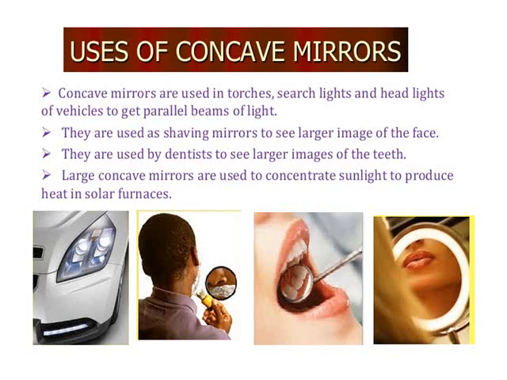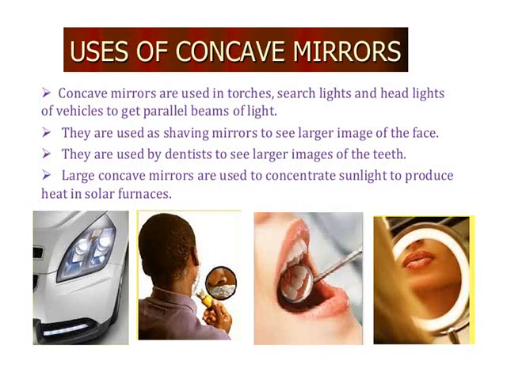So just in the previous slide we have seen when the object is kept at F, after reflection it renders parallel rays to the principal axis. So this is the application where instruments like torches, searchlight and headlight of cars are being used.